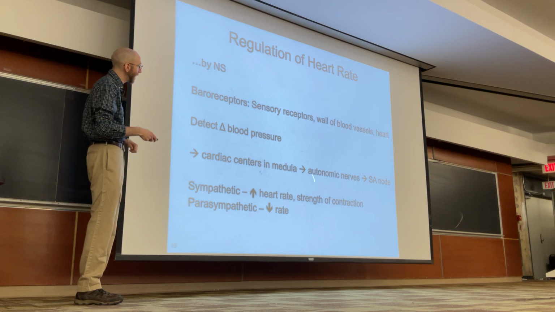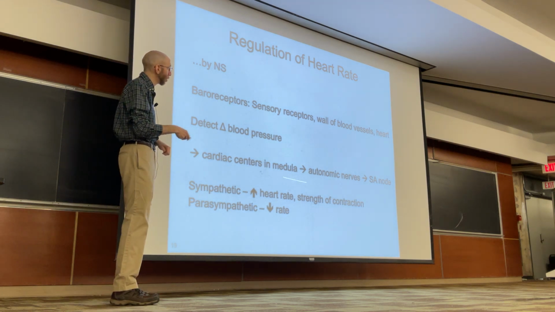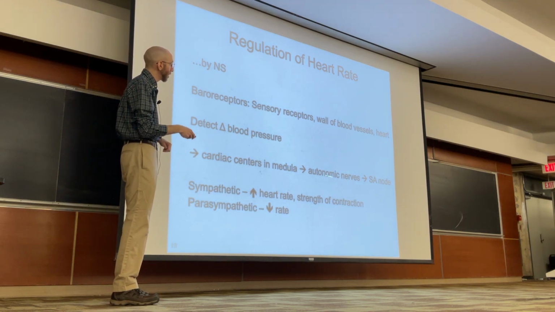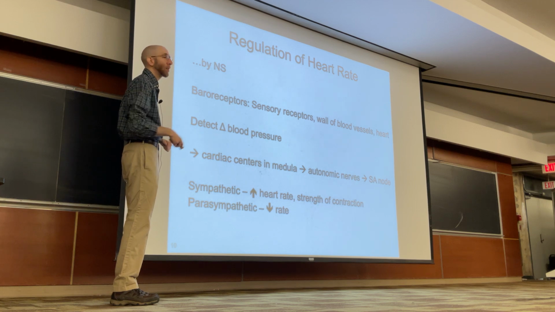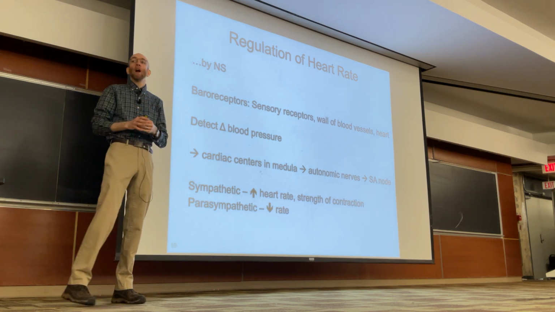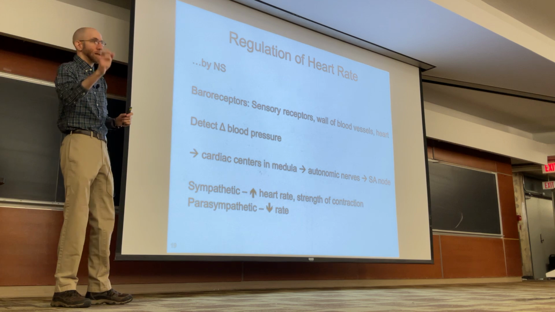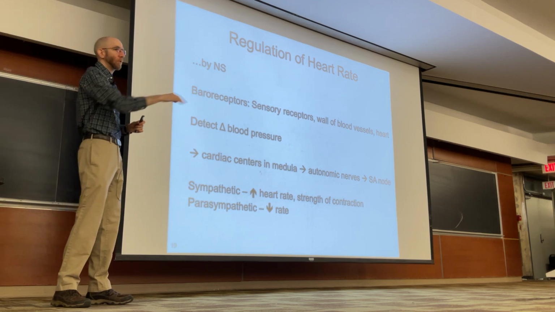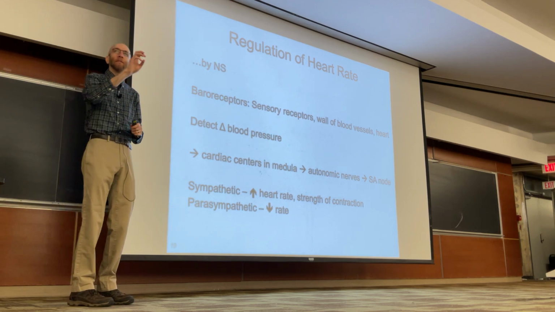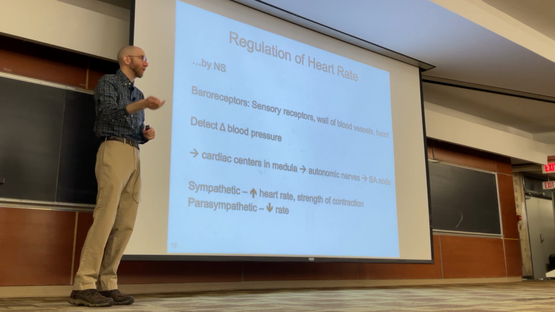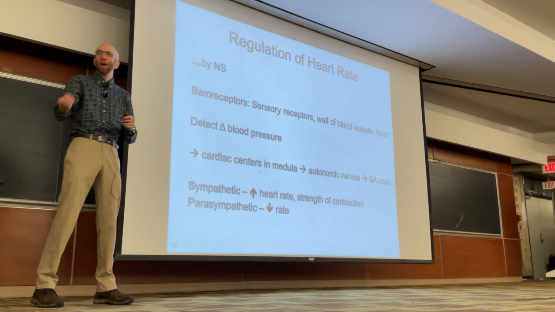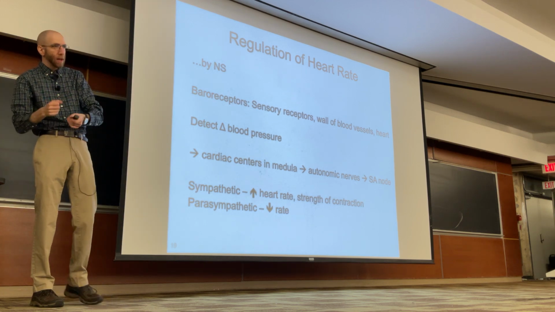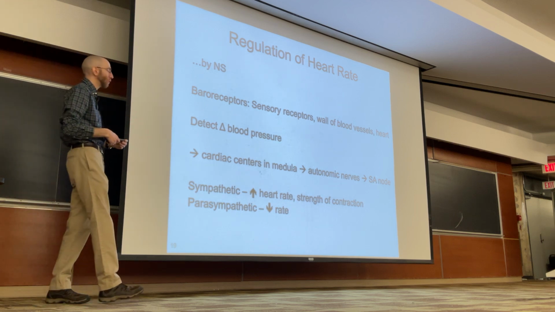This is mediated through the medulla. Autonomic nerves signal the SA node. There aren't motor neurons telling it to beep each time, but neurons affecting the SA node can, for example, make it more permeable to calcium. It increases the heart rate and therefore circulates more oxygen.